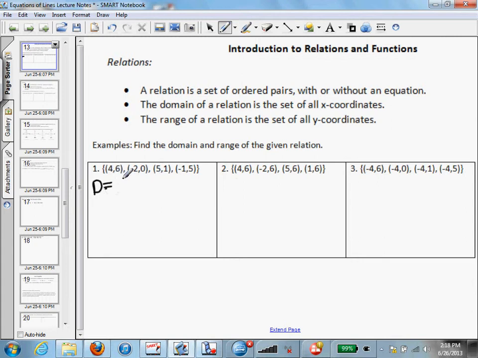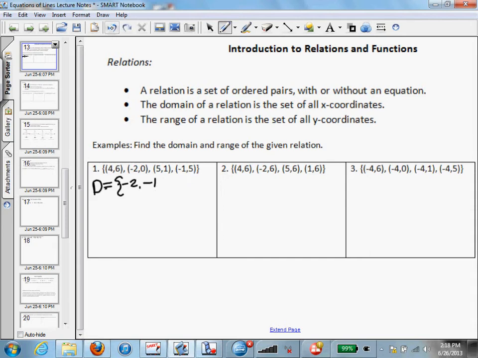Then you have a finite set or a countable amount of values. All you do is list from least to greatest the x coordinates. So you have -2, -1, 0, 1.